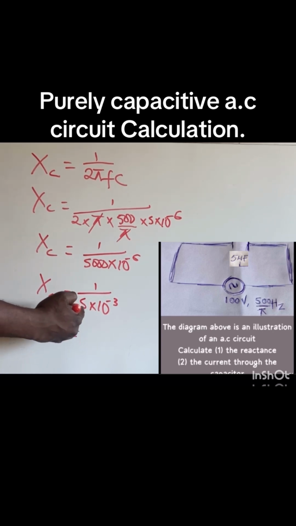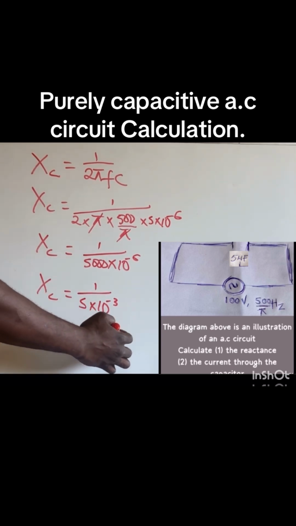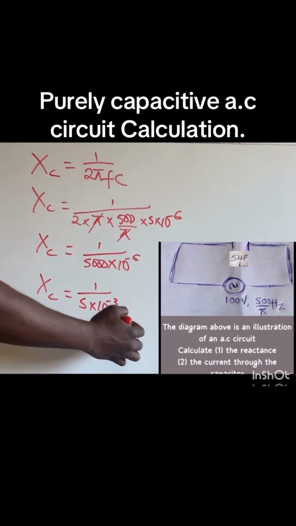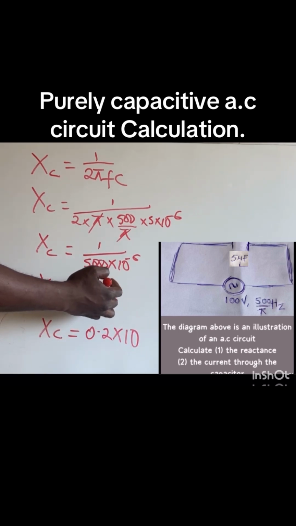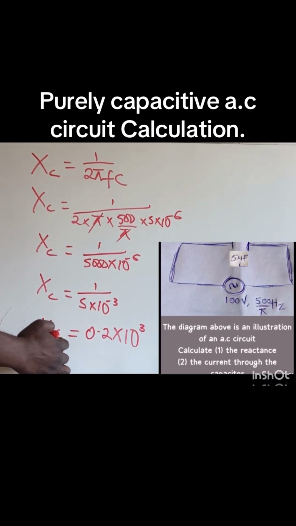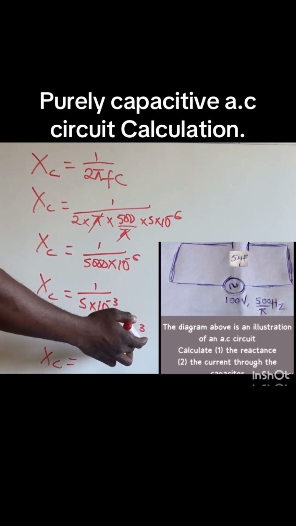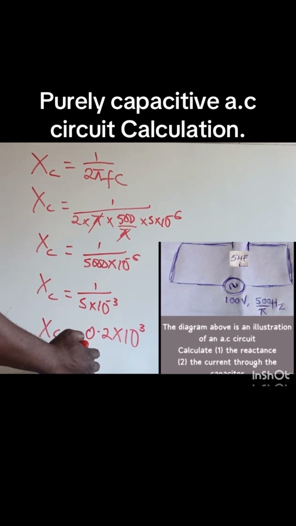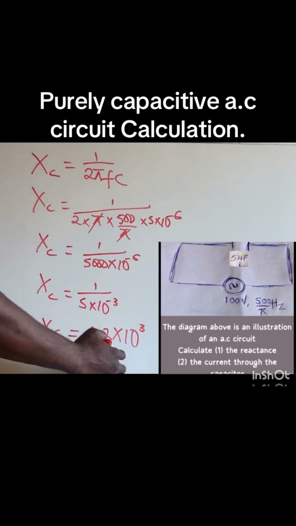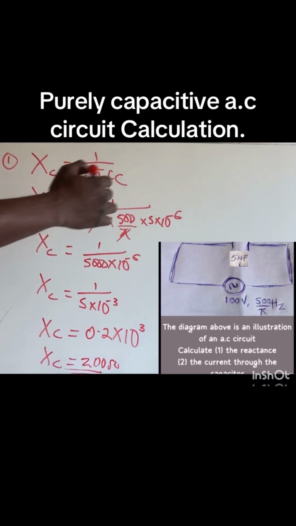Capacitive reactance is 1 divided by 5 to give us 0.2 times 10 raised to the power minus 3, which moves up, the minus sign goes out to become only 3. Then capacitive reactance is 10 raised to the power 3, which means 1000, multiplied by 0.2 to give us 200 ohms. That is the first question.